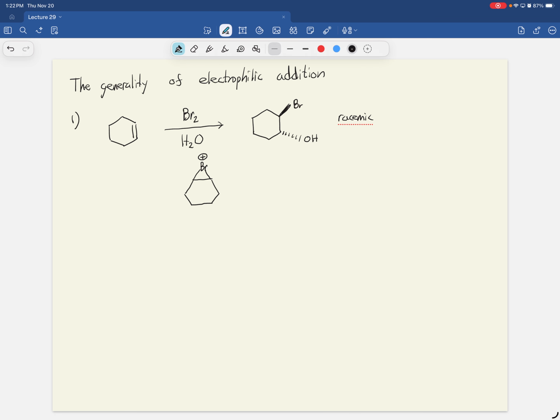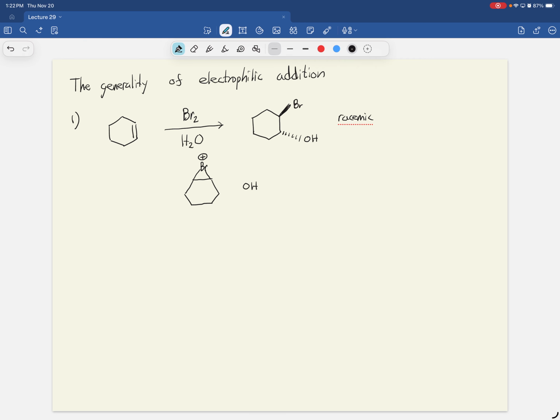So bromide here is probably not going to be present in a whole lot of excess because it's not the solvent. Water is going to be present all around as the solvent, so water has a higher likelihood of encountering the intermediate, and that's why water tends to open the ring up right here.